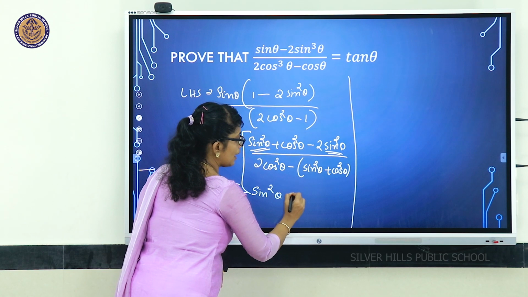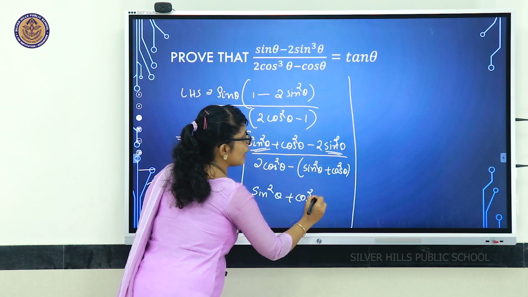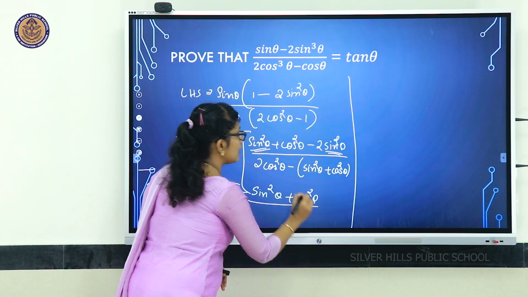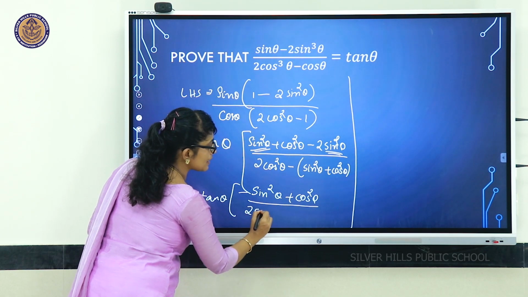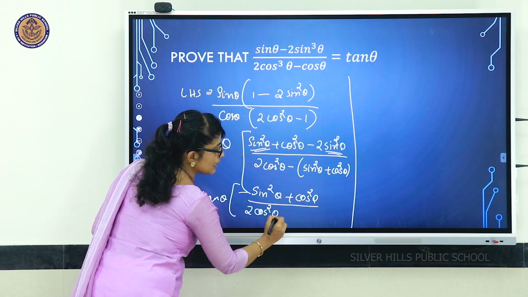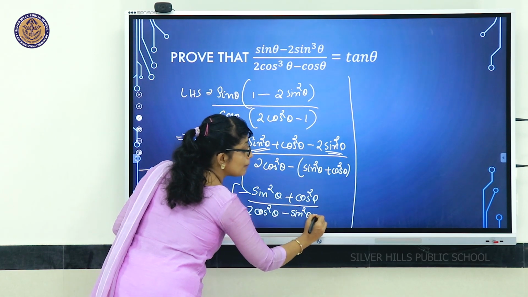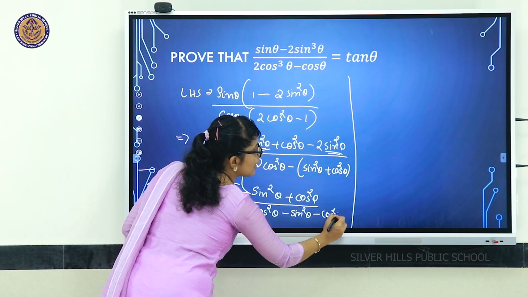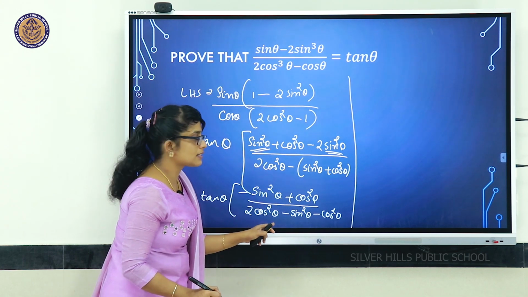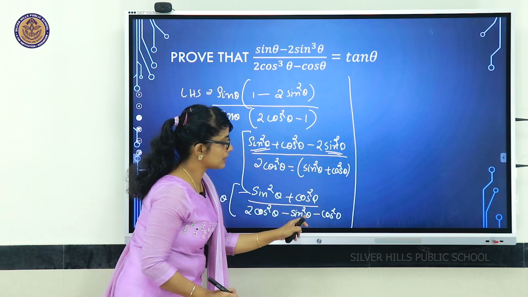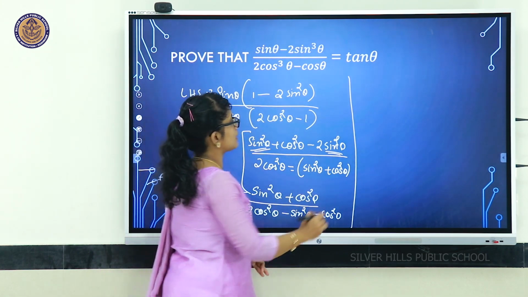Then remaining plus cos square theta, by, then we can remove the bracket, 2 cos square theta minus sin square theta minus cos square theta.